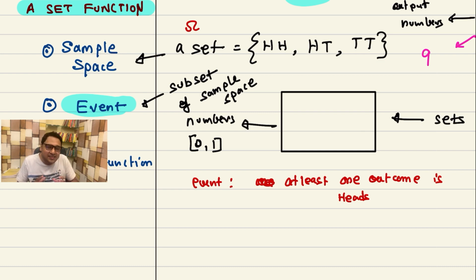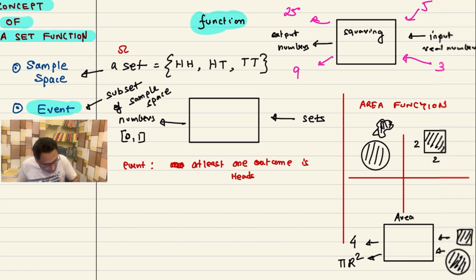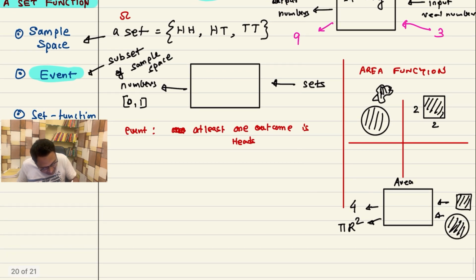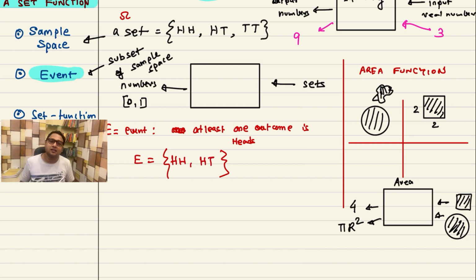This is just a subset of the sample space. What is it? Well, it is simply this event, let's call it E, which is the subset HH and HT. Both of these outcomes have at least one output as heads.